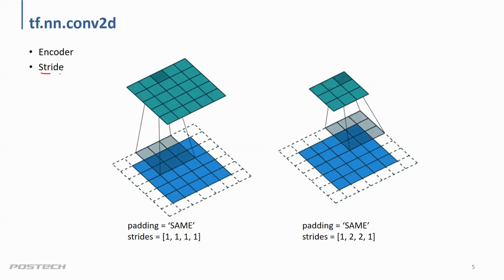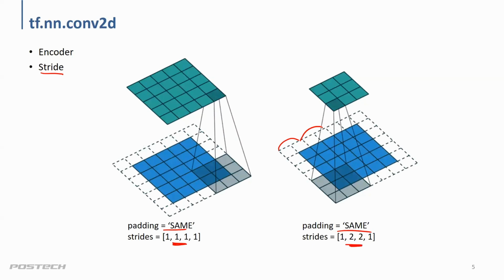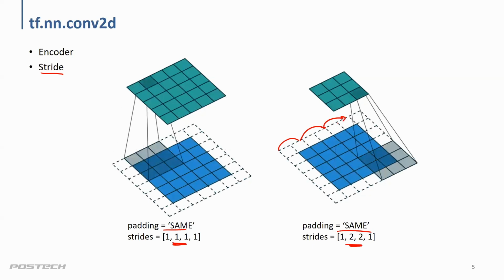And for stride, as you can see, for padding I just set it to same. If I have a stride like that, just take a look at the animations and see the difference. Over there it's a two-step jump in that direction as well.